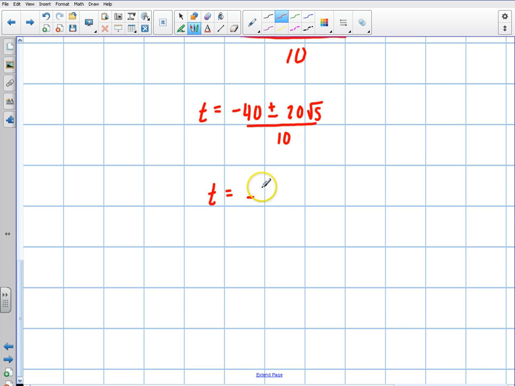If I divided everything by 10, I would have negative 4 plus or minus 2 root 5. Now, one of those answers gives me a positive answer, one of them gives me a negative answer, okay? So I'm going to get two answers there. I'm going to get negative 4 plus 2 root 5.